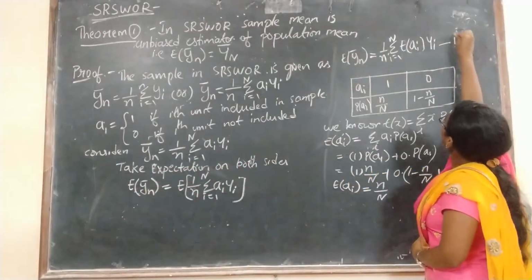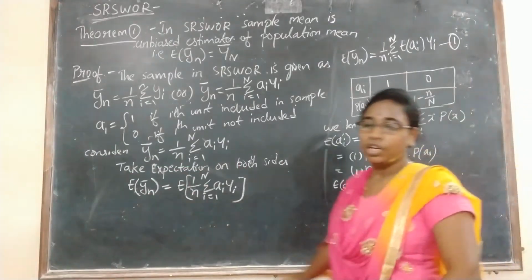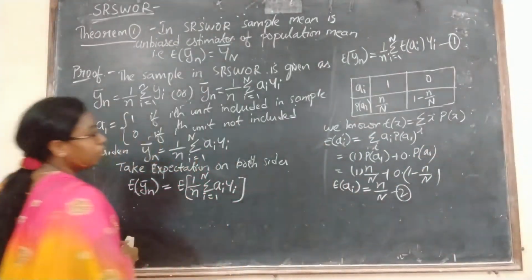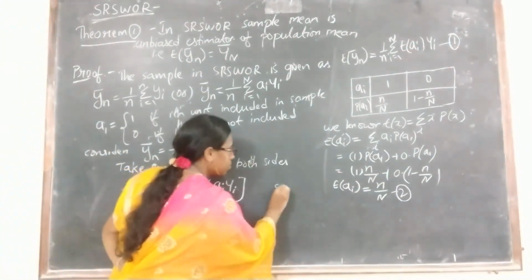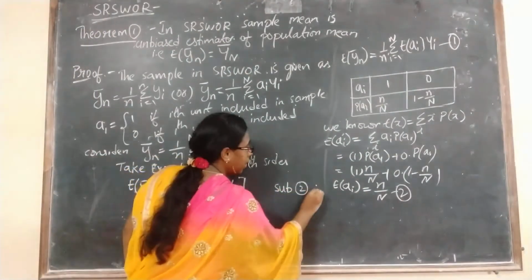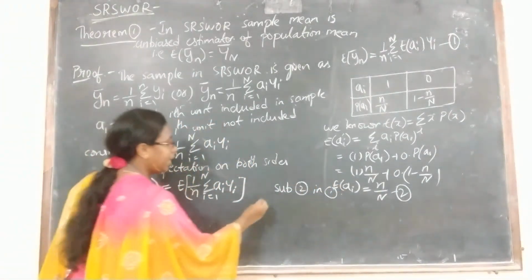So name this equation as 1 and this equation as 2. Now substitute equation 2 in equation 1.